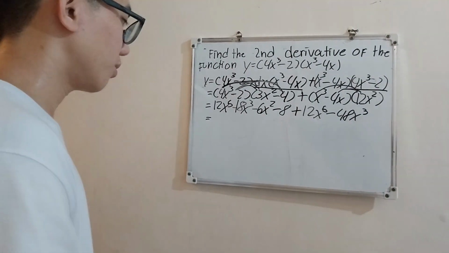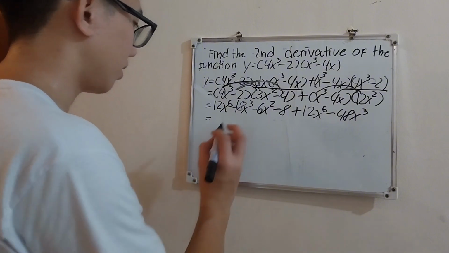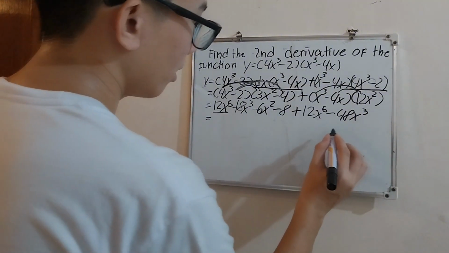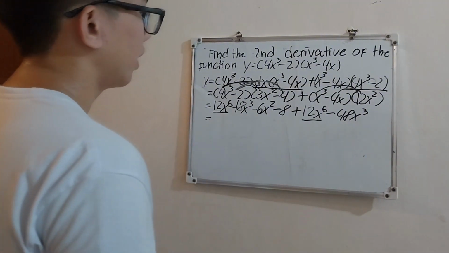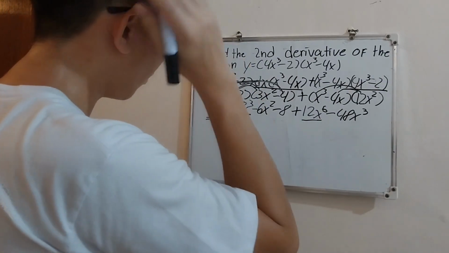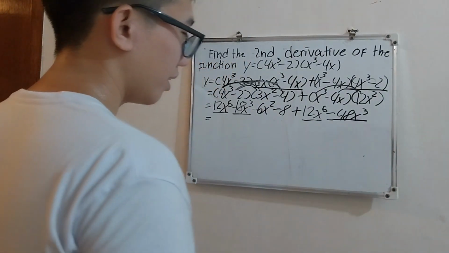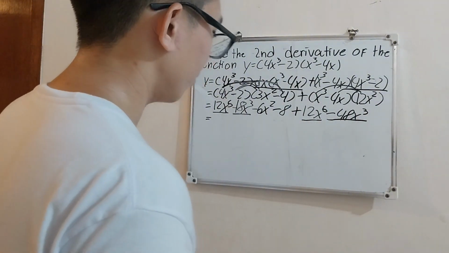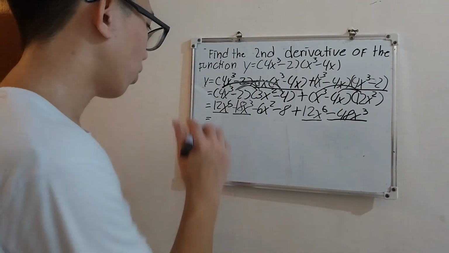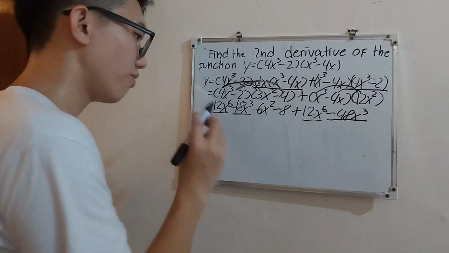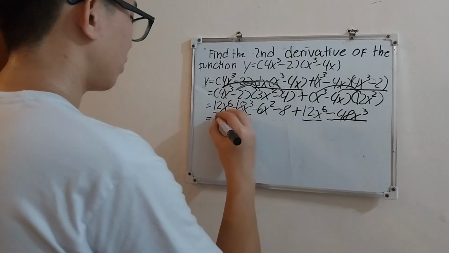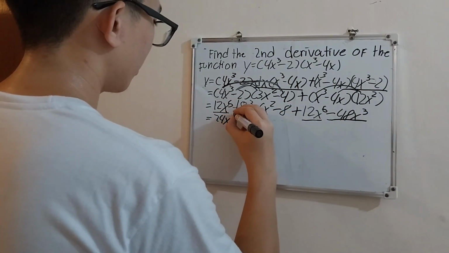So the like terms here are the 12x^5 and the 12x^5, the negative 18x cubed, and the negative 48x cubed. So 12x^5 plus 12x^5 is equal to 24x^5.